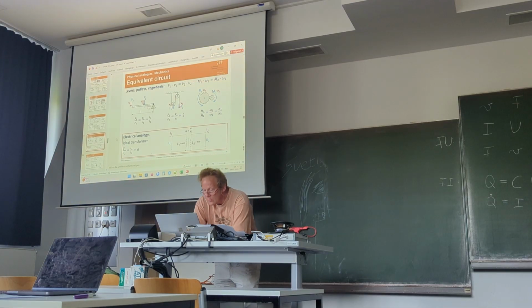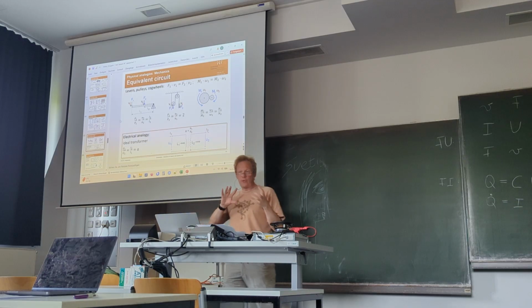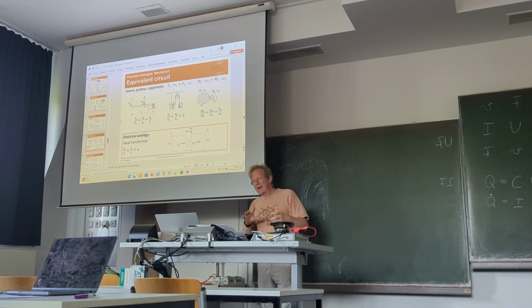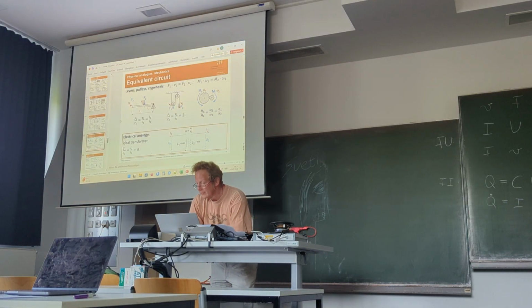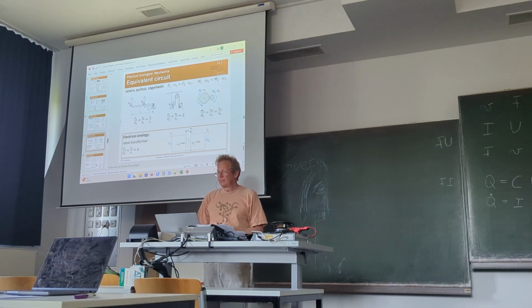And one topic was that when you use mechanical levers or cogwheels or so, you try to transform forces or moments and also angular velocities or velocities to make something easier to handle.